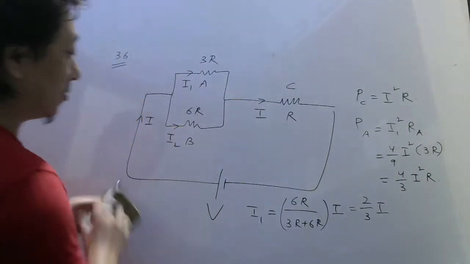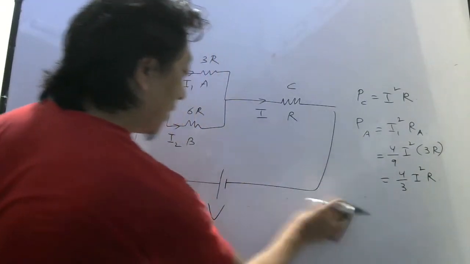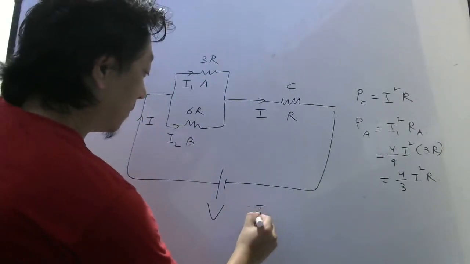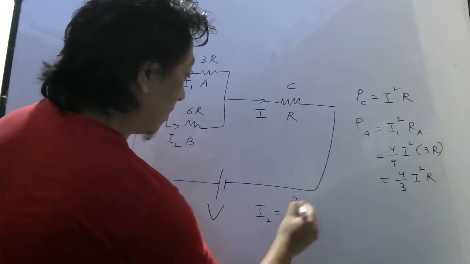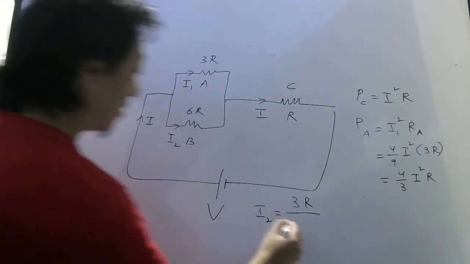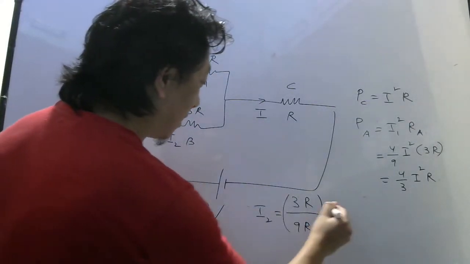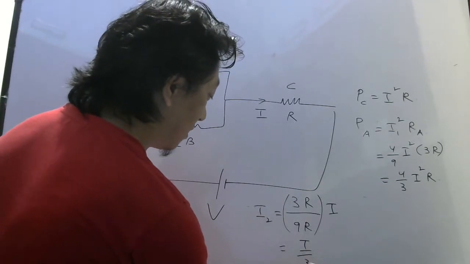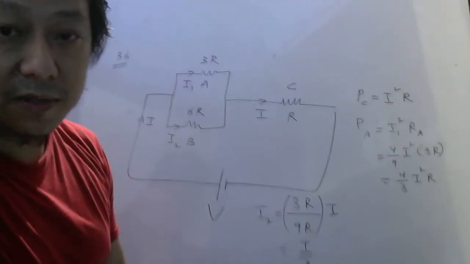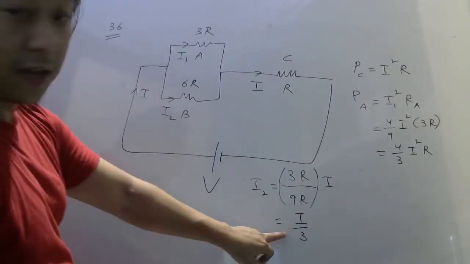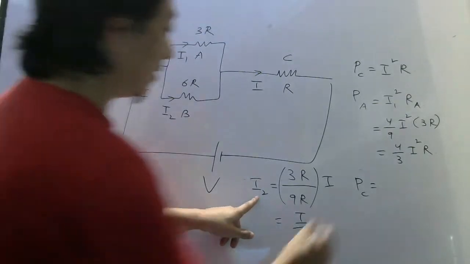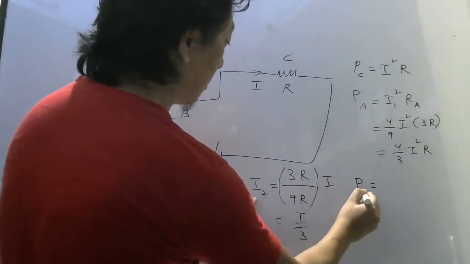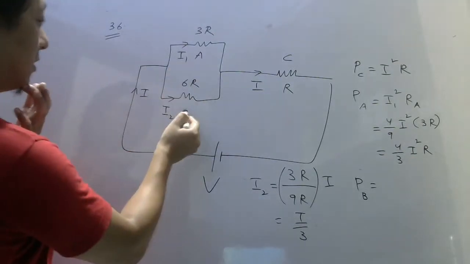So now let us find this I2. To find I2, use the same technique, the branch rule. So I2 will be equal to the resistance of the opposite branch, 3R, divided by the sum of resistances, 9R, into the main current I. So that will be I by 3, right? So this current is I by 3. So power consumed by this third resistor will be how much? This is the power consumed by B, the second resistor.